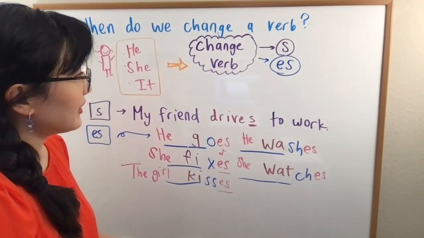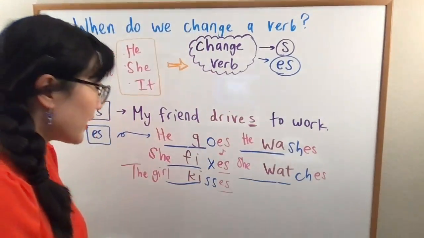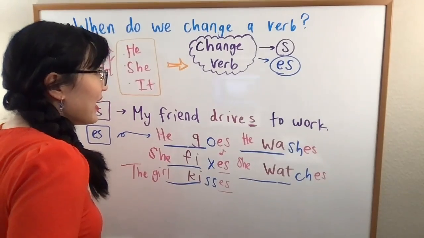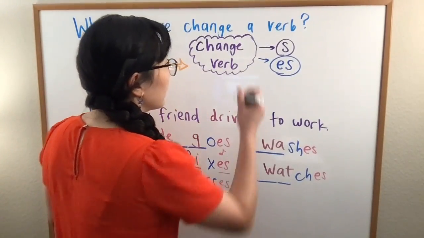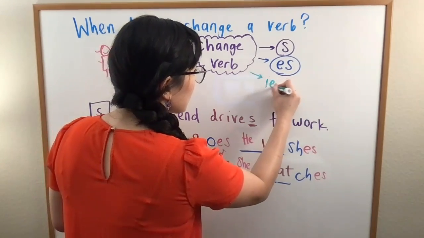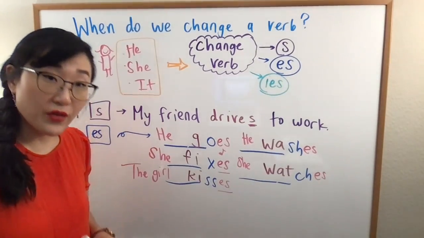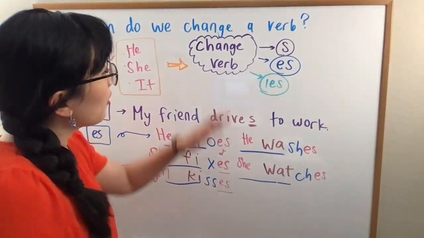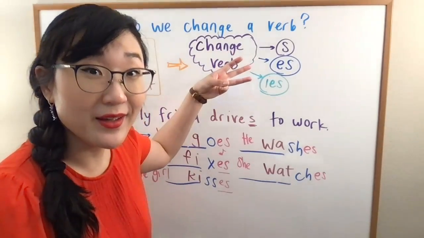All right. Now, for this final rule, we're going to include IES. Let me change this color here. First, I will teach you how to change the verb in these 3 different ways.